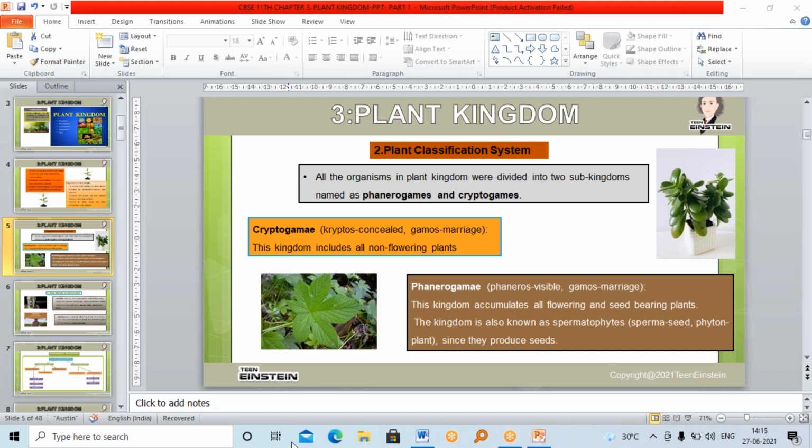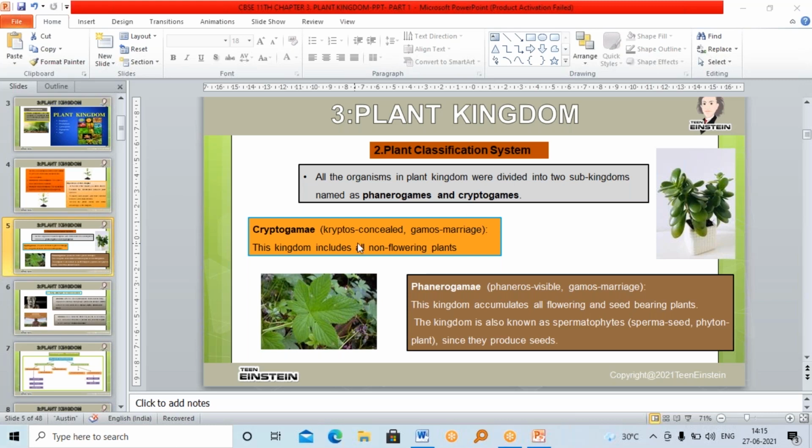So plant classification system: all organisms in the plant kingdom are divided into two sub-kingdoms, cryptogamy and phanerogamy. Cryptogamy means, the word crypto means concealed or hidden, and gamy means marriage.